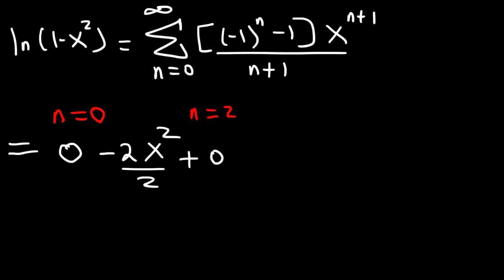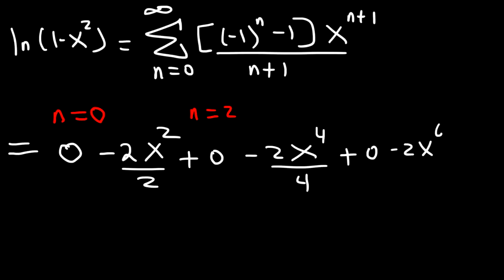Now when n is equal to 3, this is going to be negative 1 minus 1, and so that's going to be negative 2. And then 3 plus 1 is 4, so this is going to be 4 as well. And then it's going to be plus 0 minus 2x to the 6 plus 0, and then minus 2x to the 8 over 8.